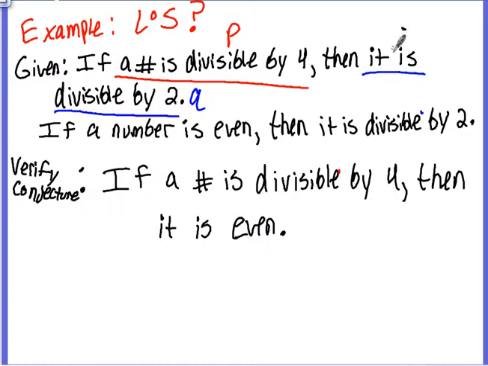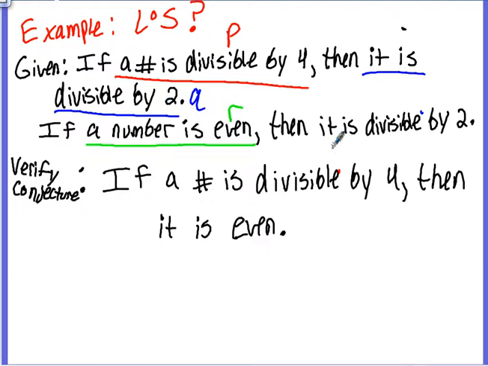And then you're given one more piece of information. You're told if a number is even, then it is divisible by 2. Well, we haven't mentioned anything about even yet. So, a number being even, that's going to be R, because we haven't mentioned anything about even. But then it says it's divisible by 2. And you'll remember, divisible by 2 is what we marked in blue. It's what we marked as our Q. So being divisible by 2, that's Q.